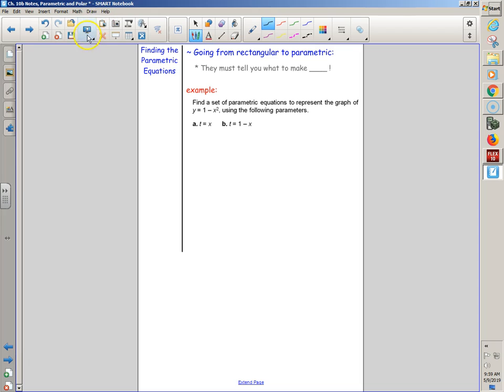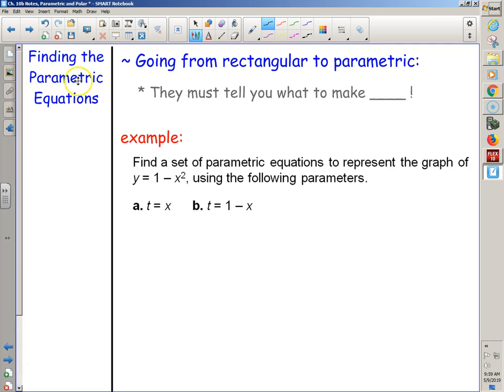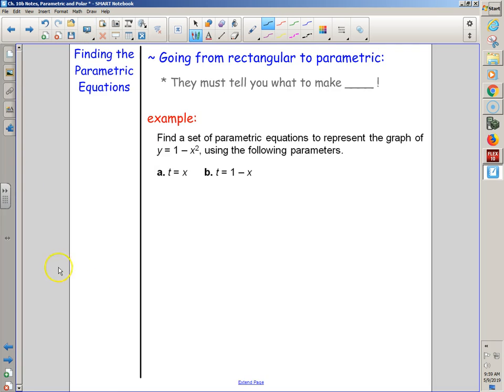Oh, guys. Hardest stuff from section 10.6 we didn't get to do yesterday. It's pretty brutal. You ready? All right, pretty brutal. How do I get parametric if they give me a function?